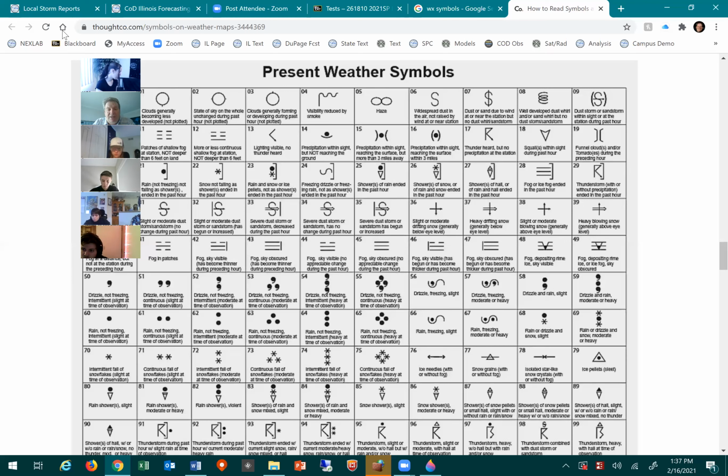What it means is it's not in a cloud. There's no cloud in the box. Now, the cloud in the box says that the air is saturated. Saturated, have you heard of the term relative humidity? If I said relative humidity, what do you think the relative humidity is when the air is saturated?